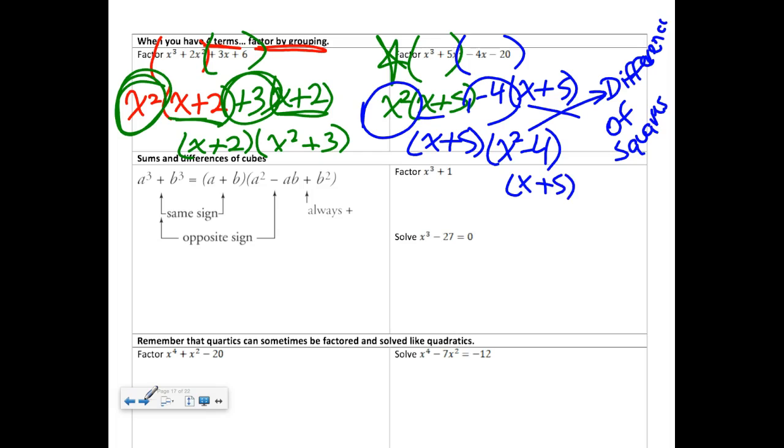But the x squared minus 4, reminder, when we do difference of squares, I'm going to have a plus, I'm going to have a minus, so I'm going to have x and x. And how do we get 4? 2 and 2. So that's actually our factored answer. Okay, so that's going to come up secretly a couple times. Questions on that?